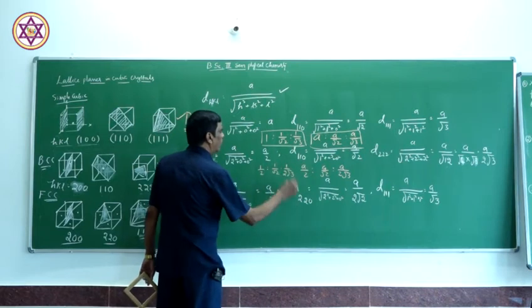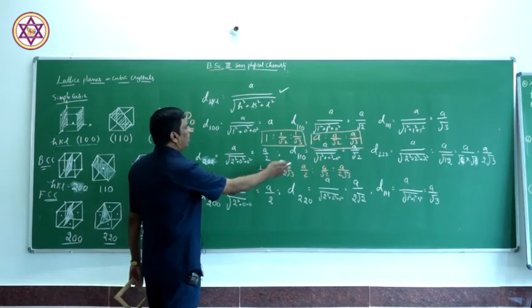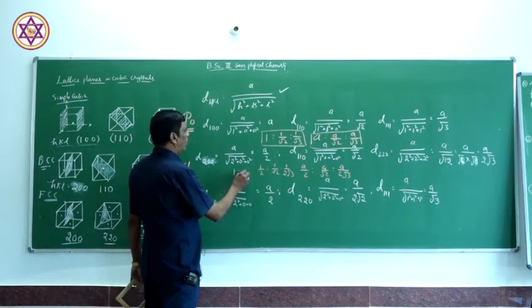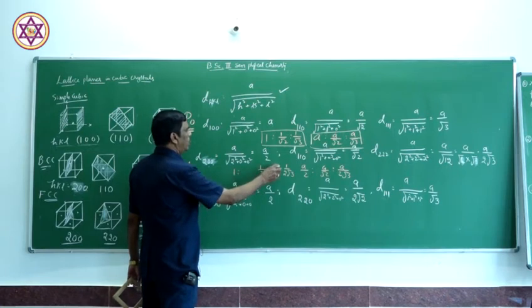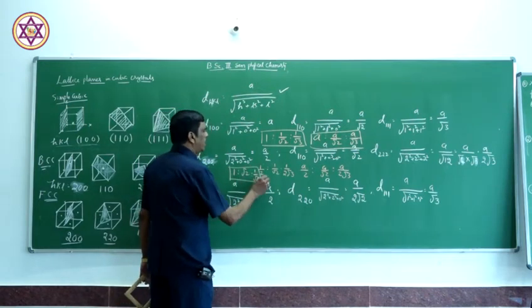Now, if you multiply the whole thing by 2, you will get 1 is to root 2 is to 1 by root 3, a simple ratio.